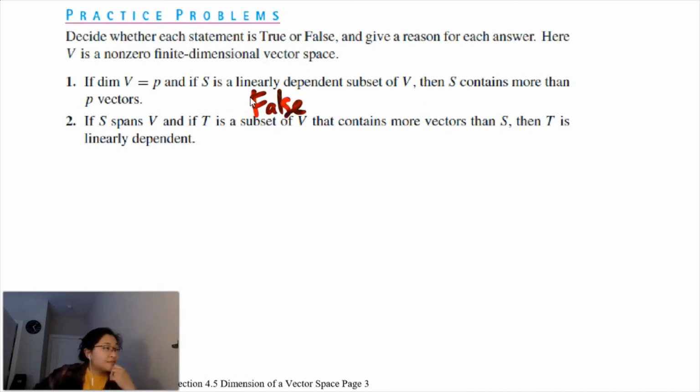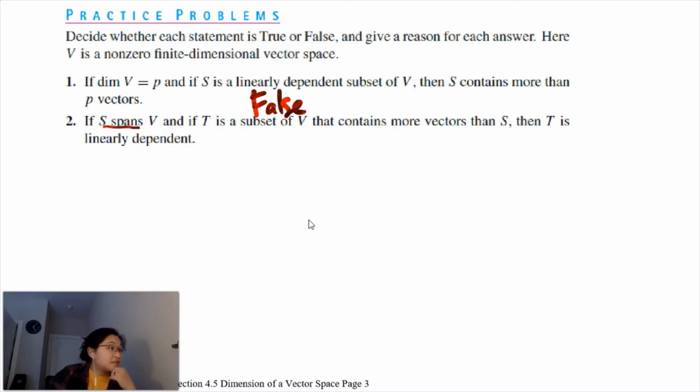How about number 2? If S spans V and T is a subset of V that contains more vectors than S, then T is linearly dependent. What do you think? True or false? By the spanning set theorem, S has a basis for V, right?